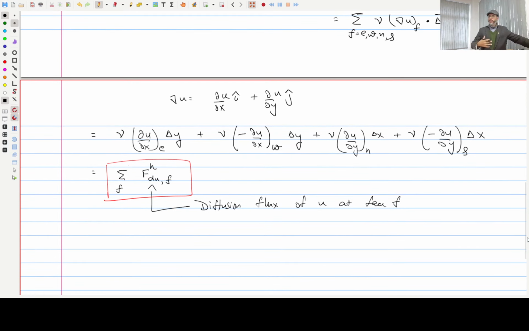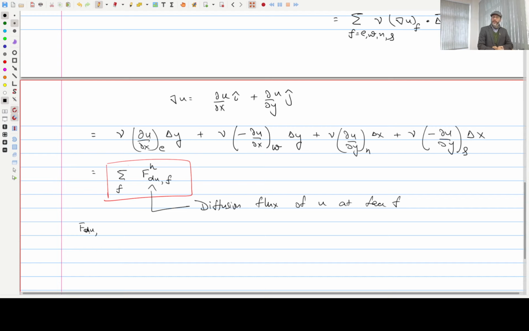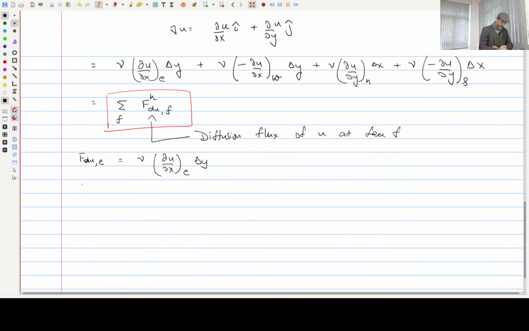Because of diffusion, you'll see some flux lines, some flux crossing the faces. So that's this term. So d u stands for diffusion and the f stands for the face. So the diffusion flux on the east face is nu del u by del x at east times delta y, and then similarly we have four diffusion fluxes.